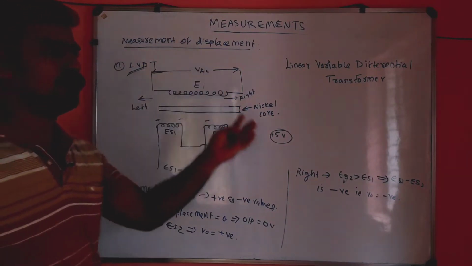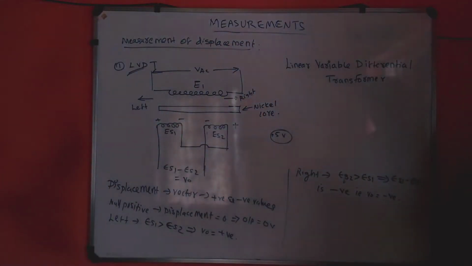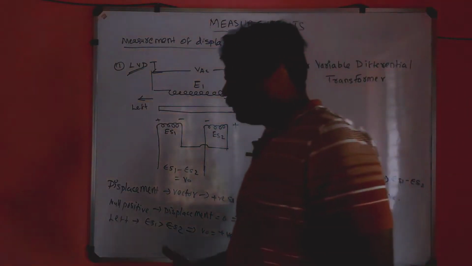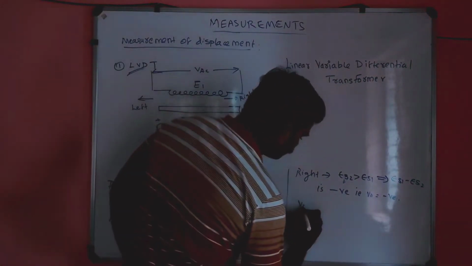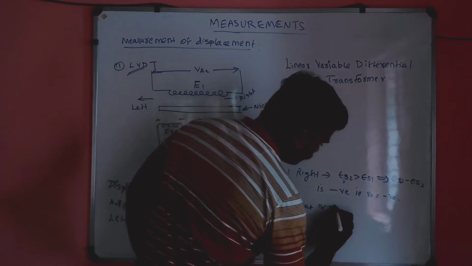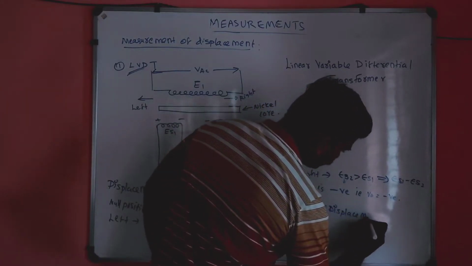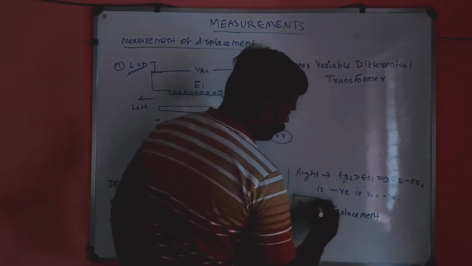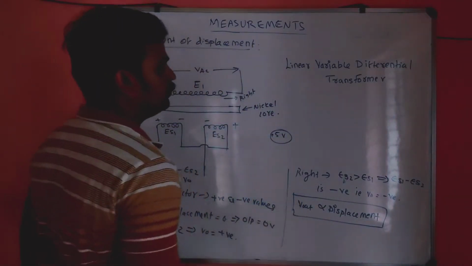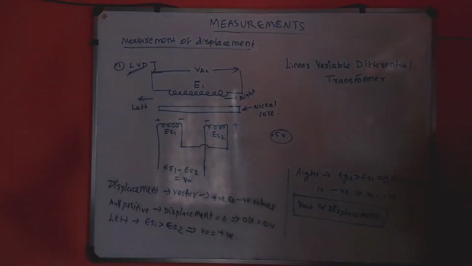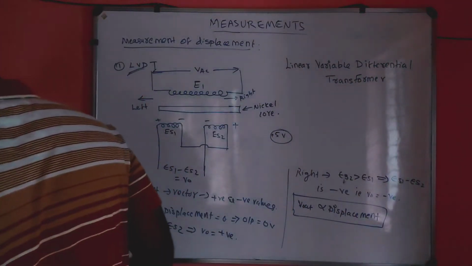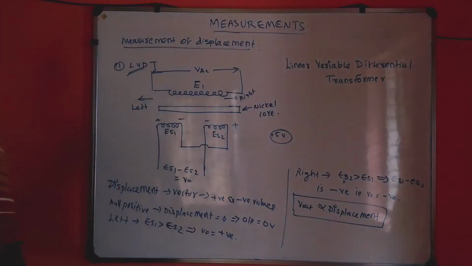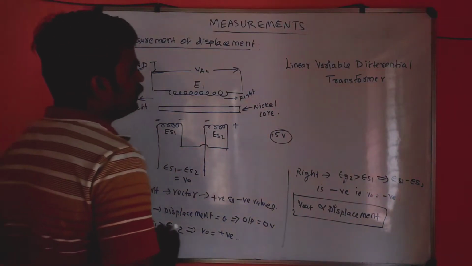If positive, it is towards the left, and negative means towards the right. Zero means it is exactly in the center, so you can find the displacement. So I can say that V output is directly proportional to what, my dear? Displacement. That is the principle behind the LVDT. Okay, and it has a lot of advantages.